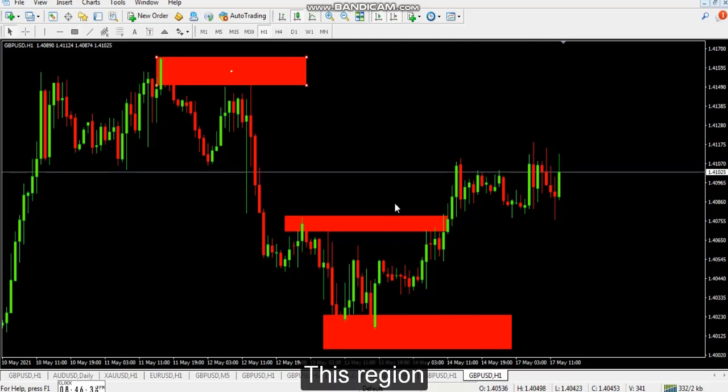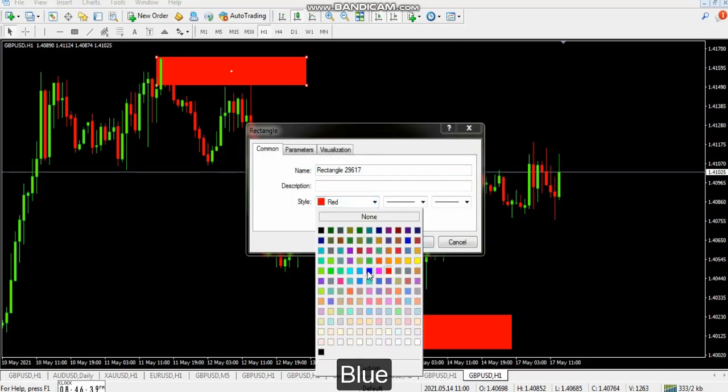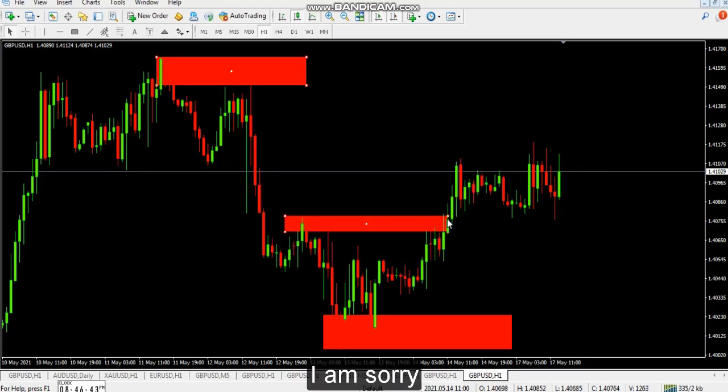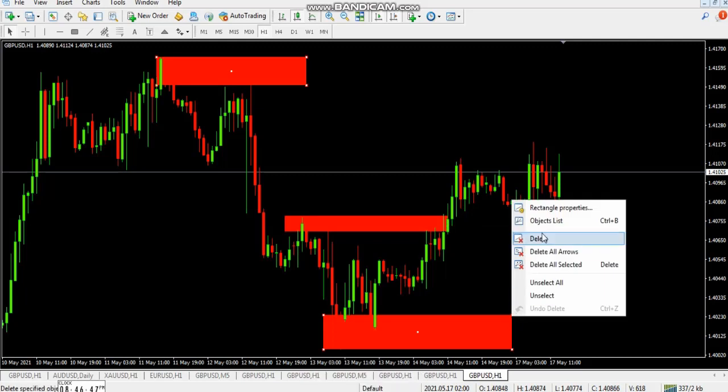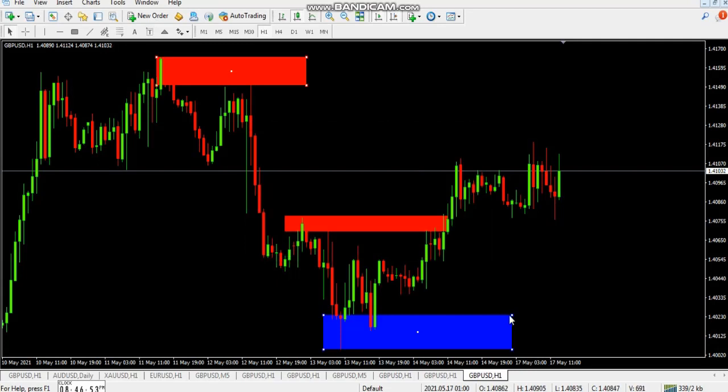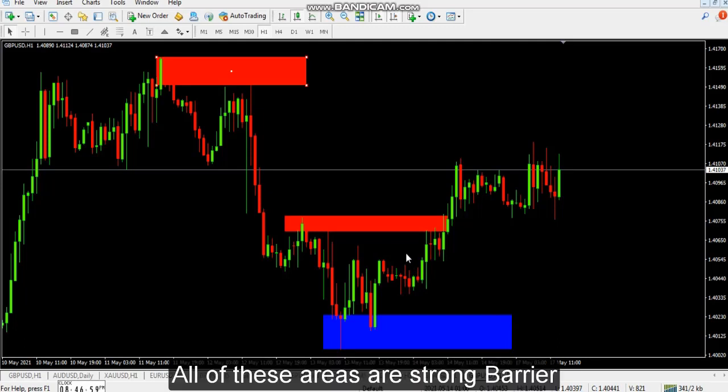Distribution. Lows. These areas are strong barriers.